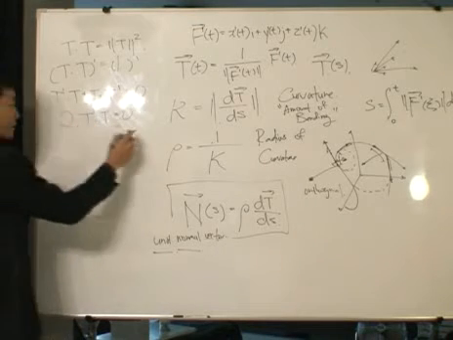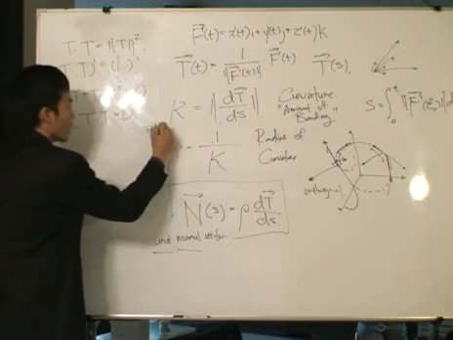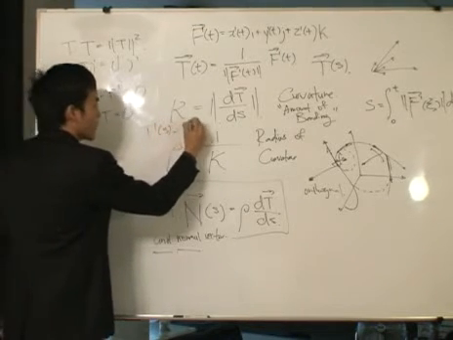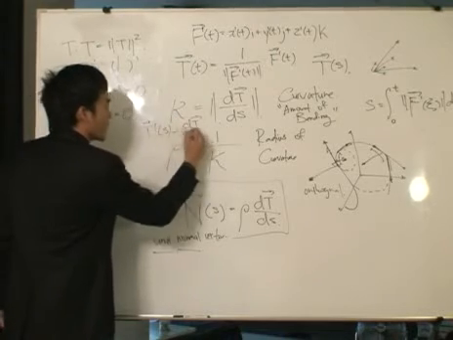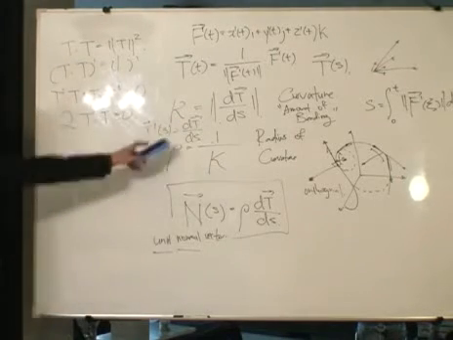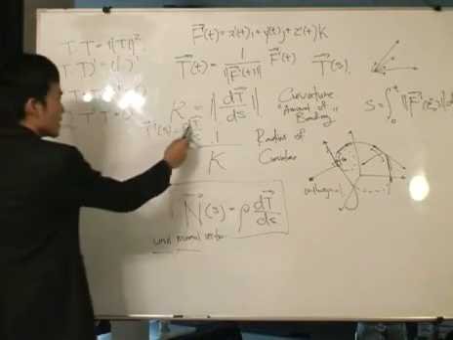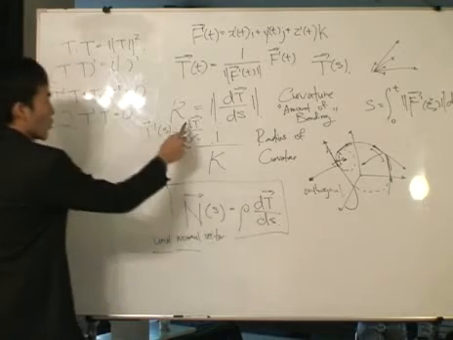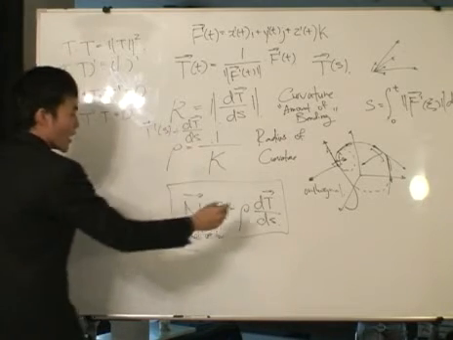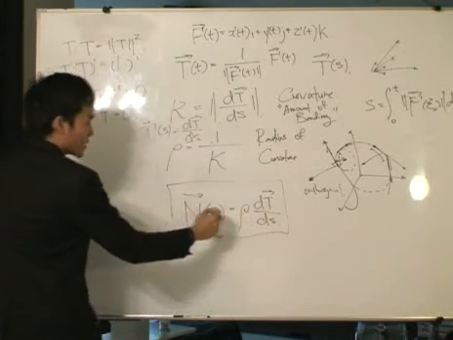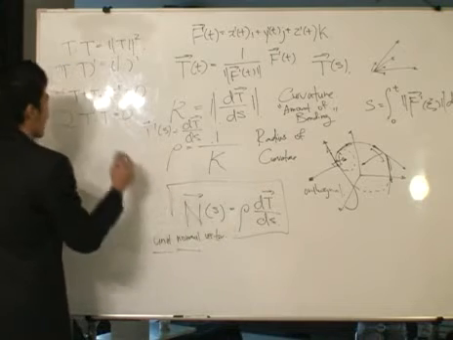However, what is T dash? T dash is the derivative of T with respect to s, simply written as this over here, and that's what we define it as. If we rearrange, the derivative of T with respect to s is simply 1 over rho times the normal vector.